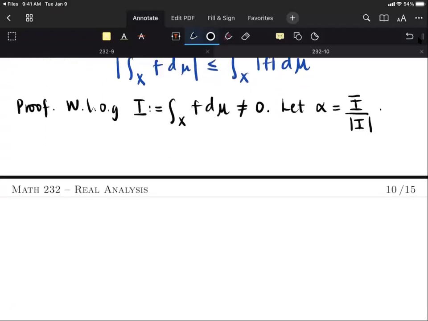So computing the magnitude of I, this is equal to alpha I. This is obtained by multiplying by I on both sides and taking note that the product of the conjugate and the complex number is the modulus squared.